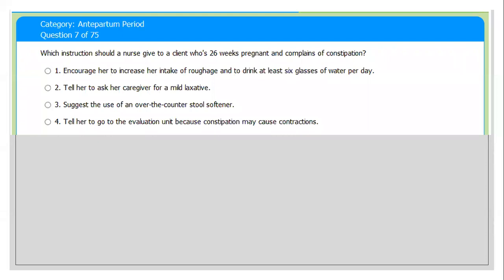Number two, tell her to ask the caregiver for mild laxatives. Number three, suggest the use of an over-the-counter stool softener. Number four, tell her to go to the evaluation unit because constipation may cause contractions.